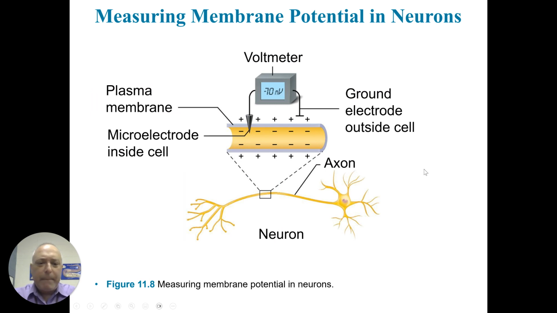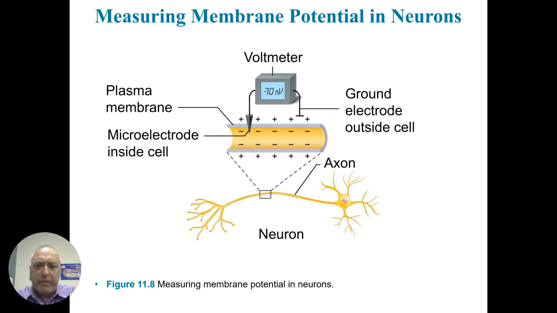Now, neurons have a few very interesting properties regarding their potential difference across the membrane. Neurons are kept at a very low voltage of around minus 70, minus 80 millivolts.